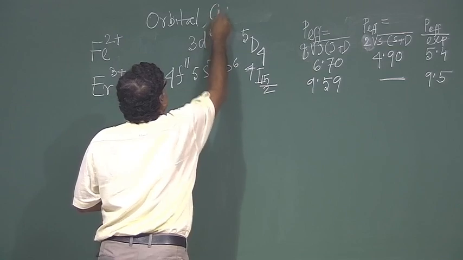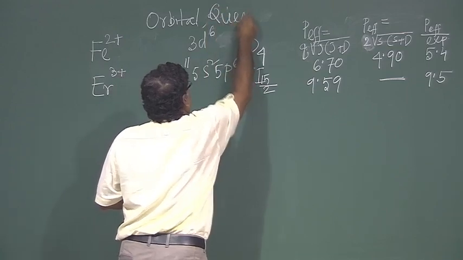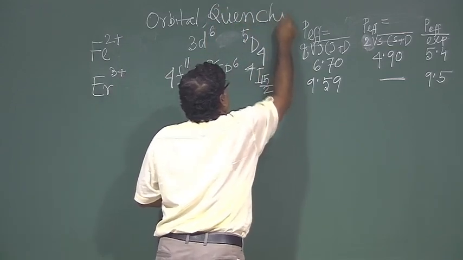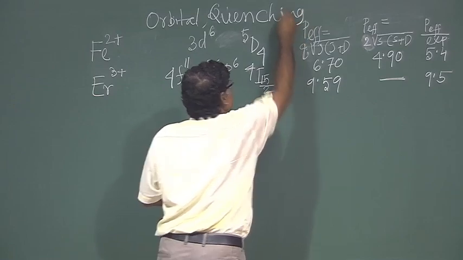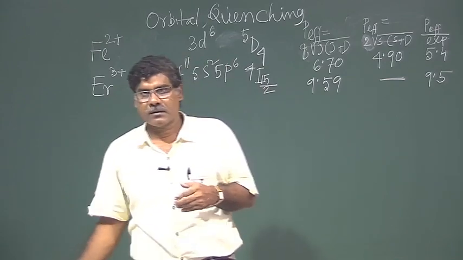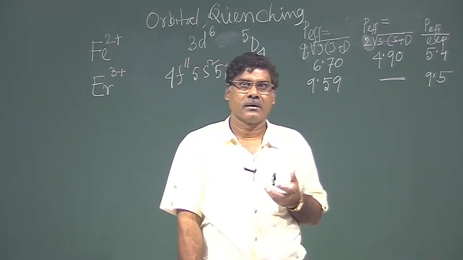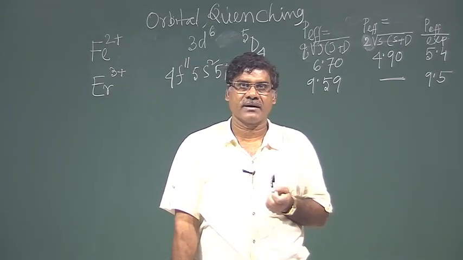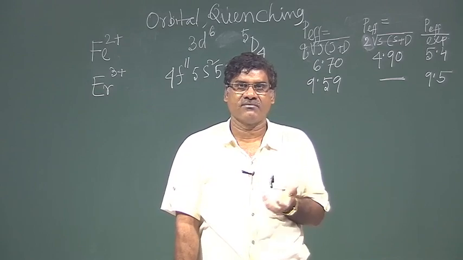Orbital quenching. The orbital is not responding to the magnetic field, as if it is inactive.